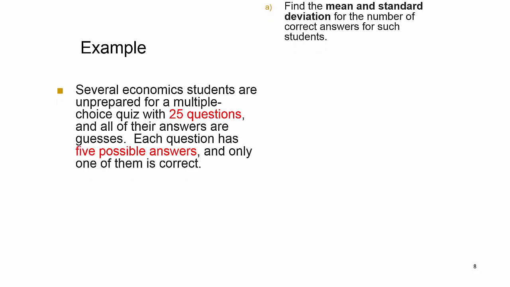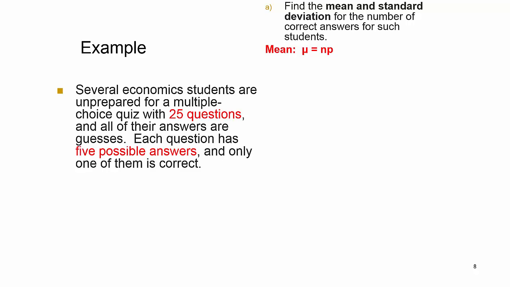Several economics students are unprepared for a multiple choice quiz with 25 questions, and all of their answers are guesses. Each question has 5 possible answers, and only one of them is correct. So we want to find the mean and standard deviation for the number of correct answers for such students. So what's the average number of correct guesses?